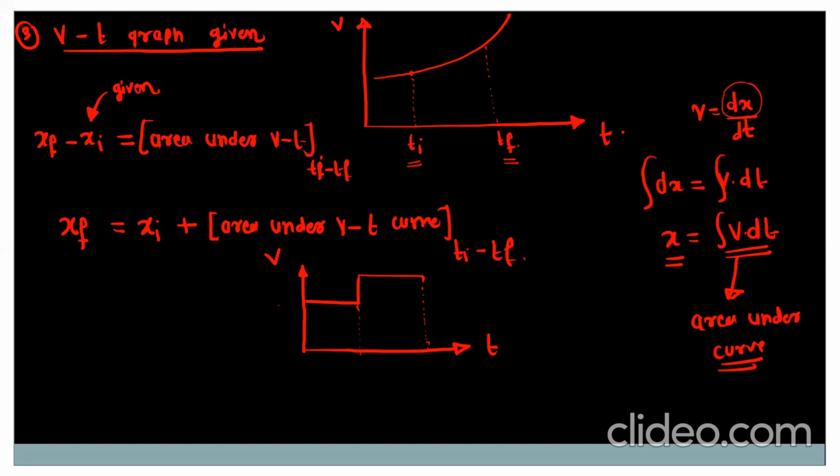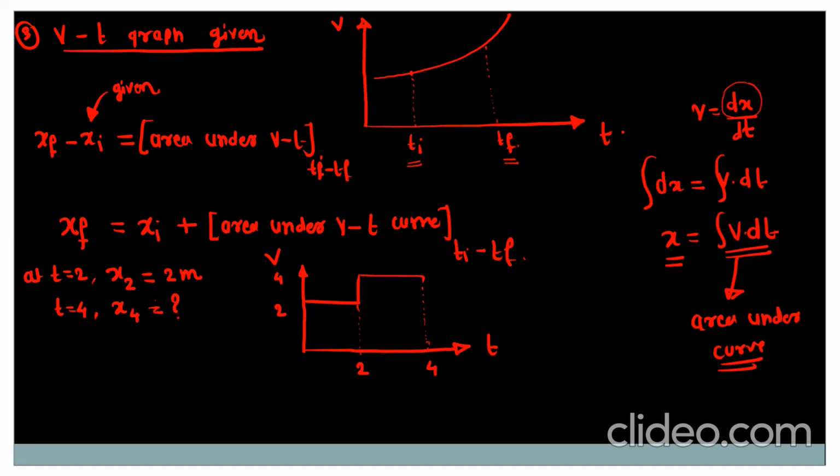Initial velocity is 2 meter per second, and suddenly it becomes 4 meter per second. So this time is 2 second, and this is 4 second. At t is equal to 2, the position is known, that is x2. This value is 2 meter. And the question is, we have to find out at t is equal to 4, what is the position of the particle. That means we have to find out the x4 value.